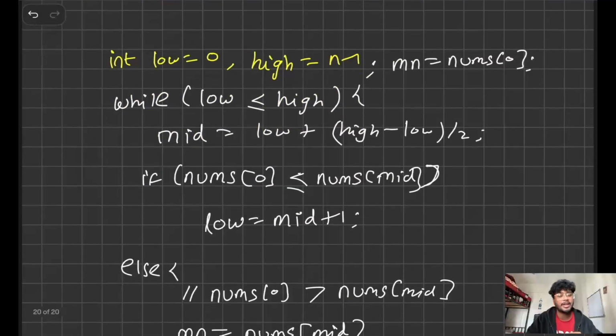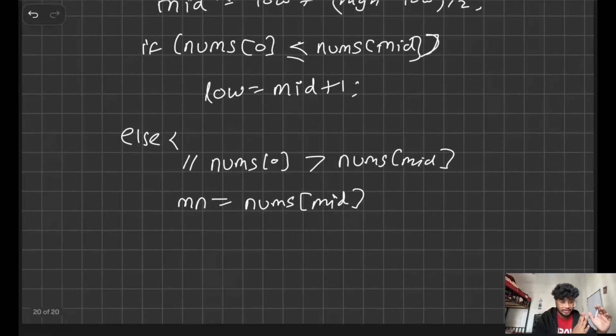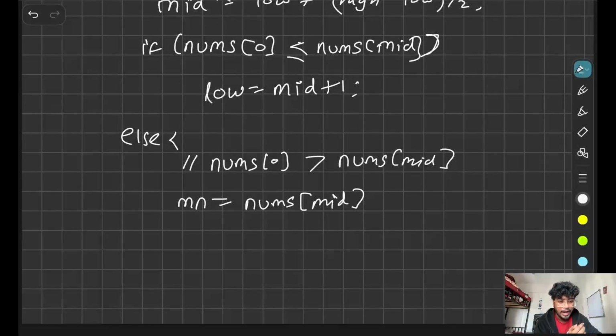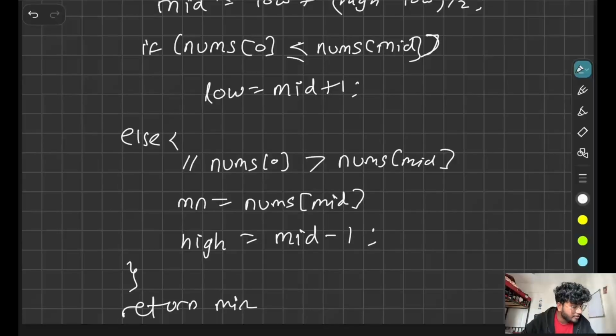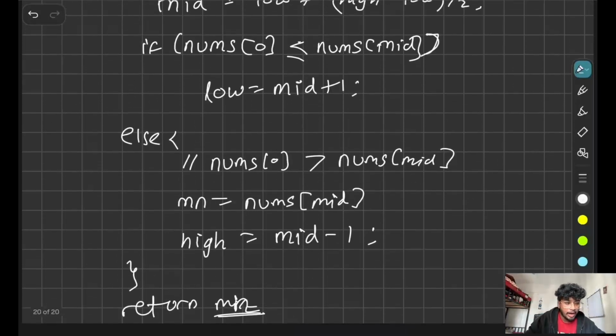Because you know for sure that every element would be greater than nums of mid in the right half. So you'll eliminate the right half and you'll search in the left half, so for doing that you need to update your high pointer to be mid minus 1, and that's it. You'll just return your minimum element. So yeah, this is the pseudo code.